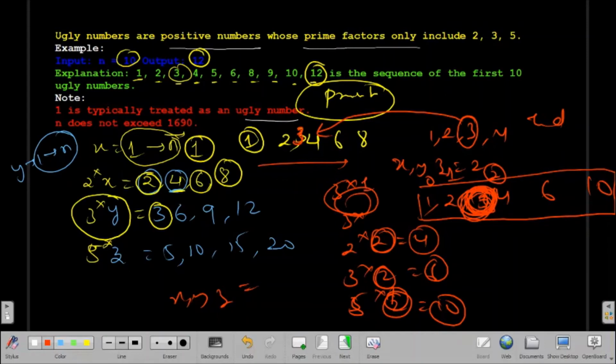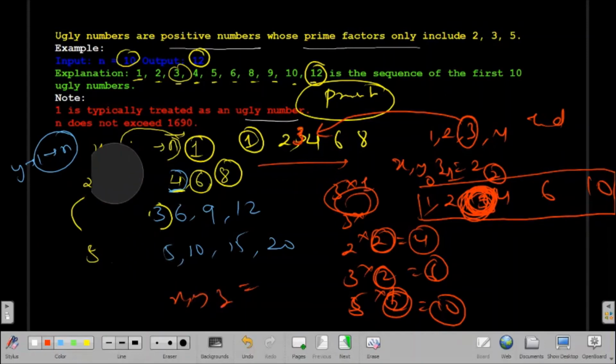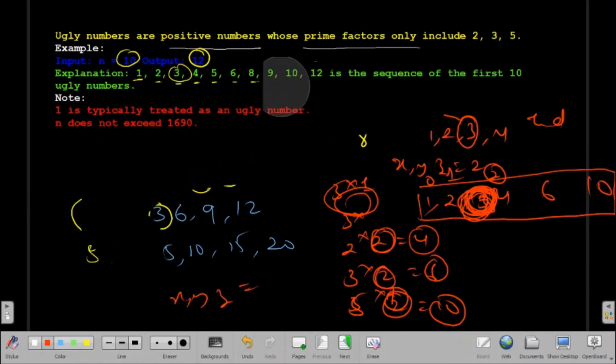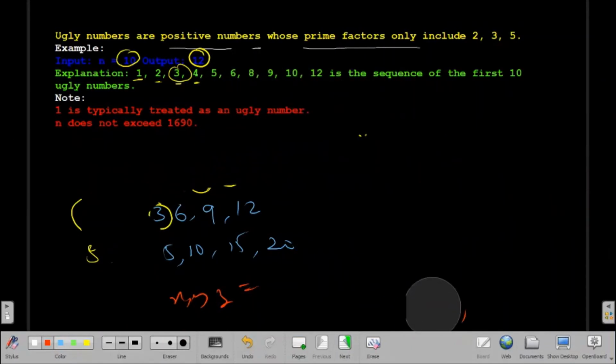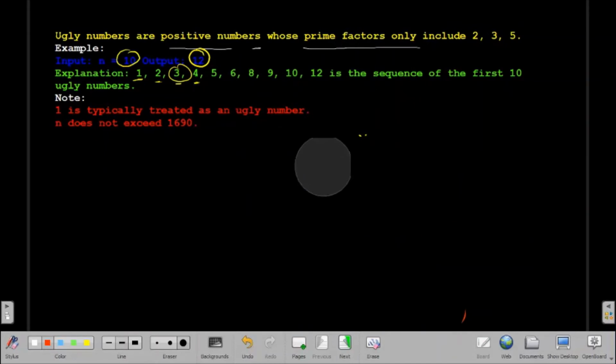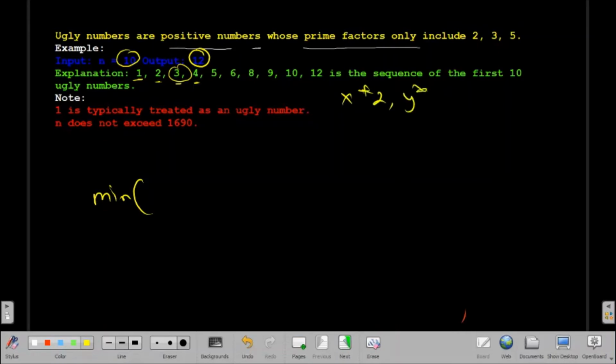So for that we will use the minimum concept. What we'll do is take the minimum of x into 2, y into 3 and z into 5, right?